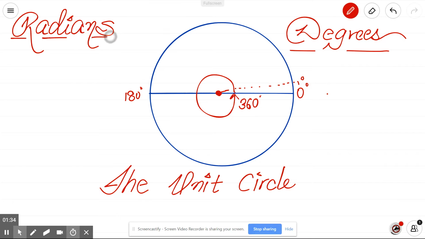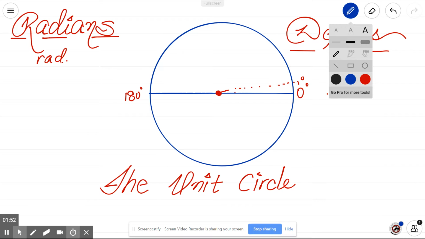Radians, another way to write it is RAD. That's the unit of radians. And the meaning of radians is basically that whenever, let us say I'm taking a circle over here, I'll just erase this information for now.